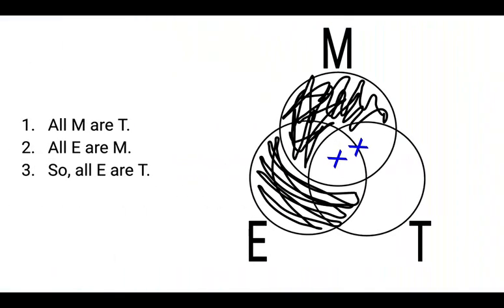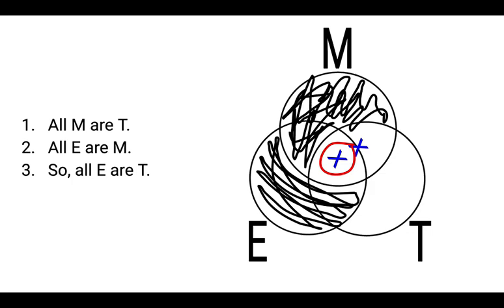Okay, so here is our diagram so far. Here's the question. Can we find the conclusion already diagrammed here? Is it the case that all E are T? Well, every single E that is in existence is confined to this logical space right here. It's all in region 3.